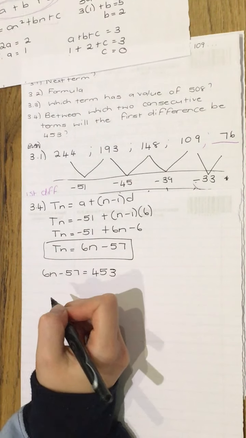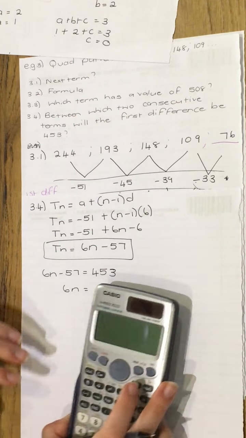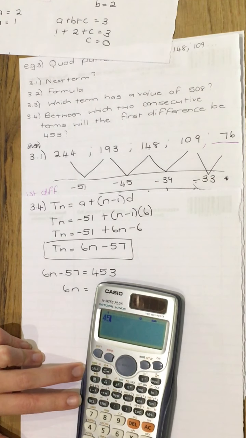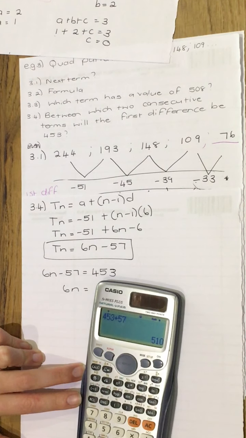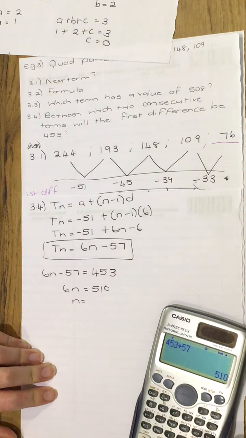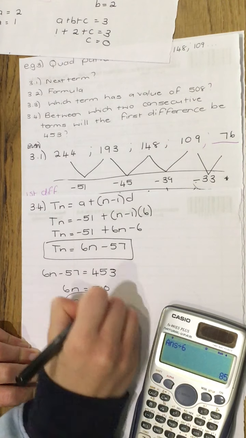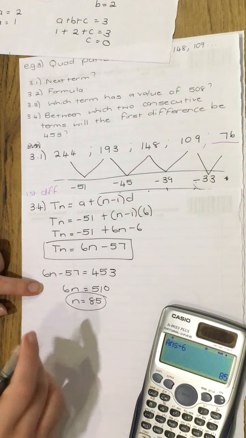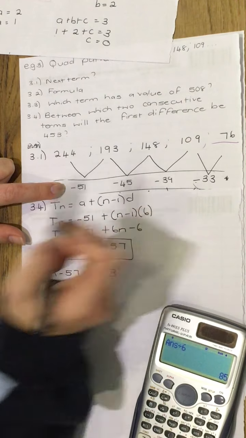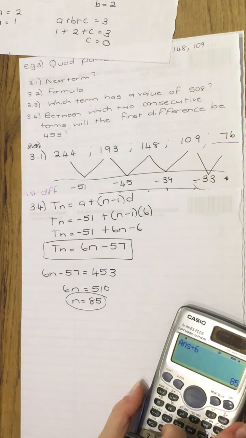Then you work it out: 6n is equal to 453 plus 57, which is 510. Then you divide by 6, so that gives us 85. That means it's the 85th number here. So this is 1, 2, 3, 4, it's going to be number 85.